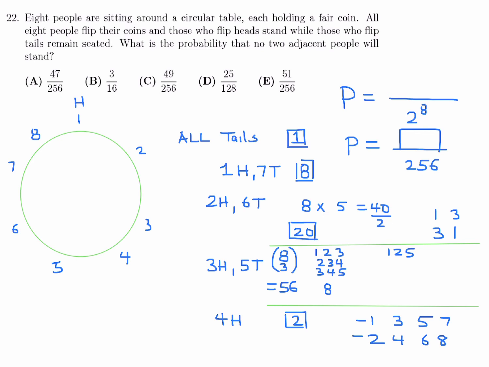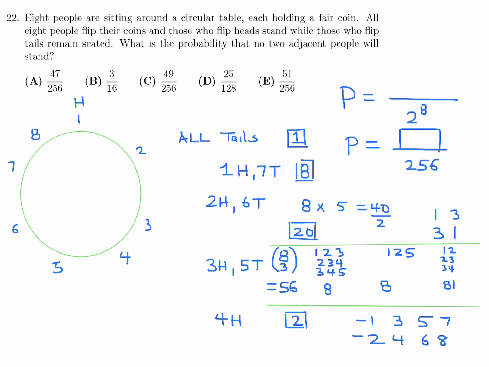And then the ones where 2 are adjacent and 1 is not, that is calculated as follows. The first one and the second one can be paired up in any one of 8 ways. So you can have 1, 2, 2, 3, 3, 4, all the way up until 8, 1. So there's 8 of those pairs.